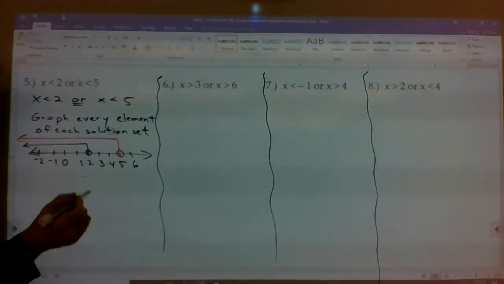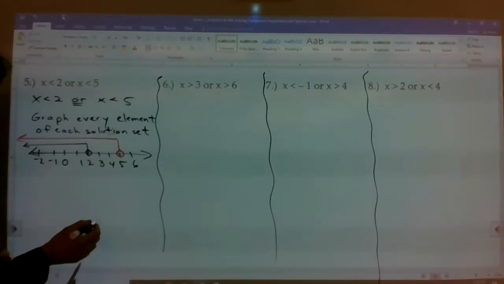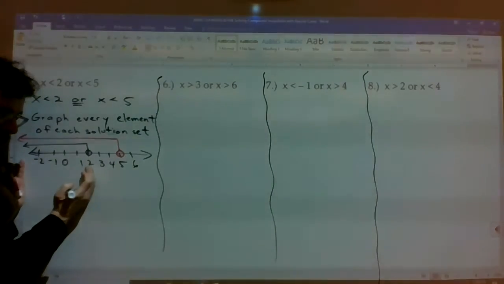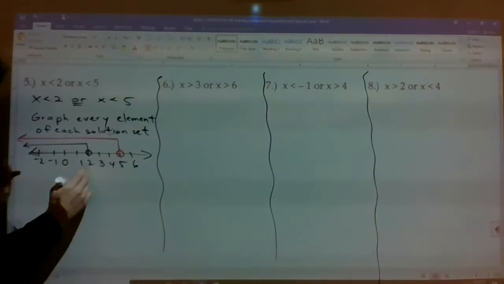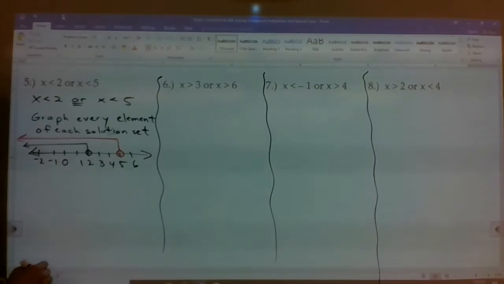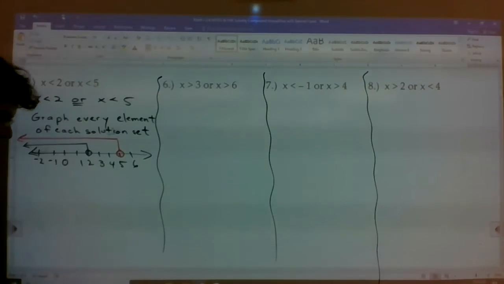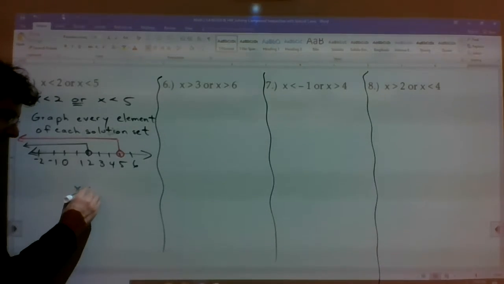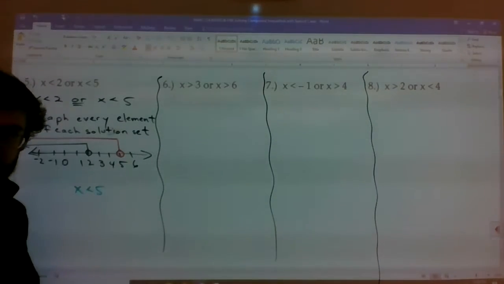So here's the thing. x is less than 5 contains all the solutions in x is less than 2. Everything for x is less than 2 is already in x is less than 5. So what we do is we say x is less than 5 is the solution set.